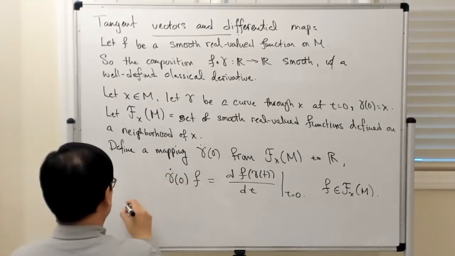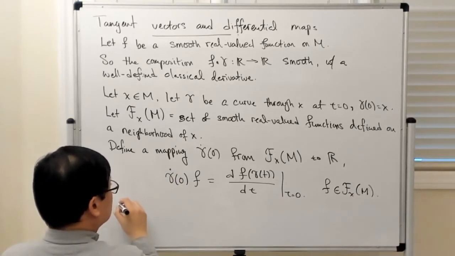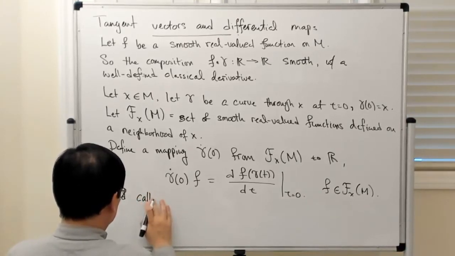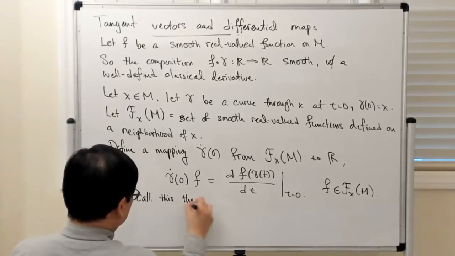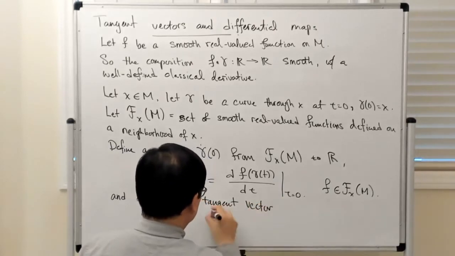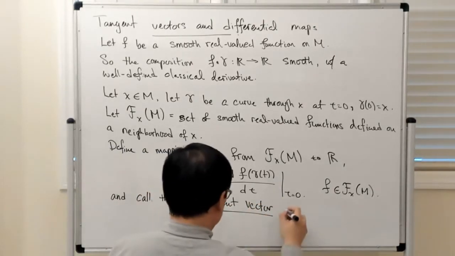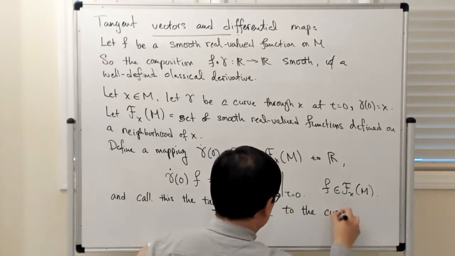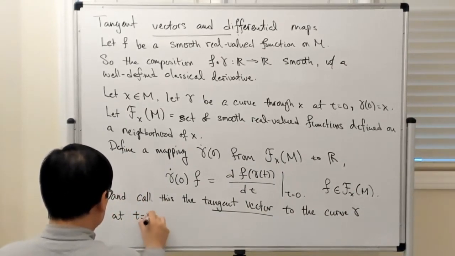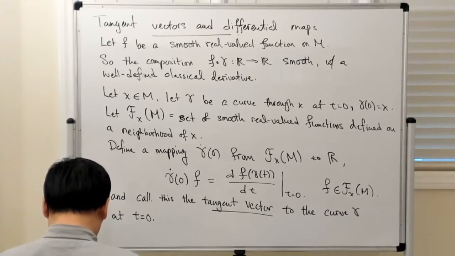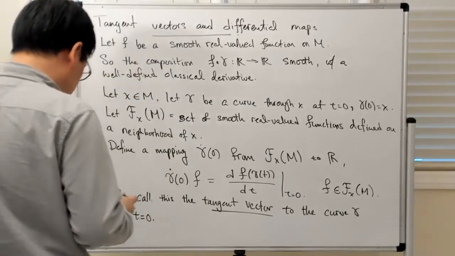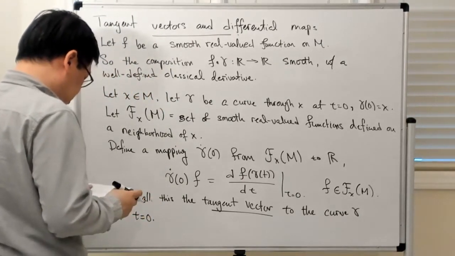So let's call this a tangent vector to the curve gamma at t equals 0.